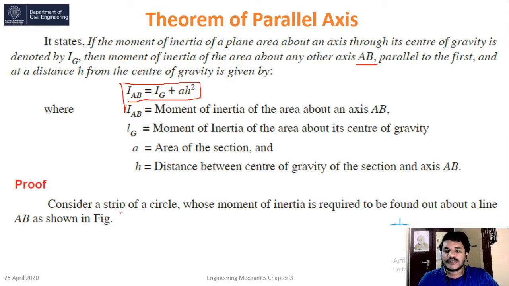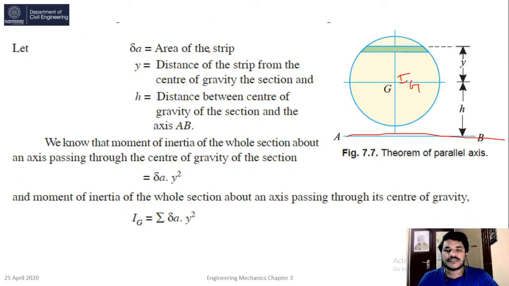So consider a strip of a circle whose moment of inertia is required to be found about a line AB. Let us take this strip. This is dA or delta A, the area of the strip, and y is the distance of the strip from the center of gravity of the section.